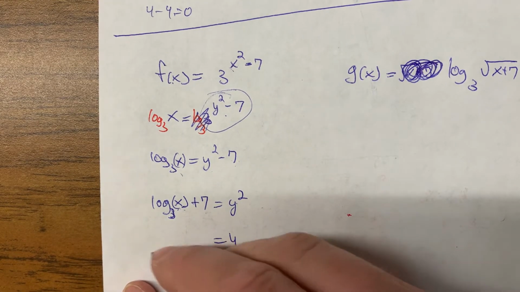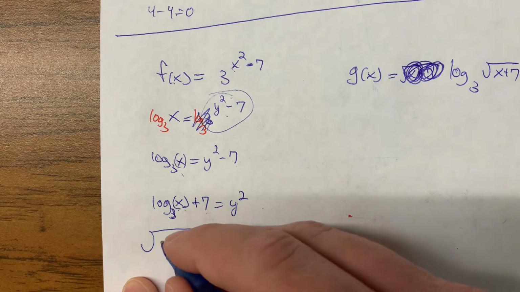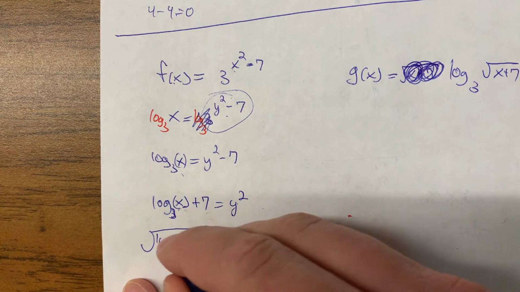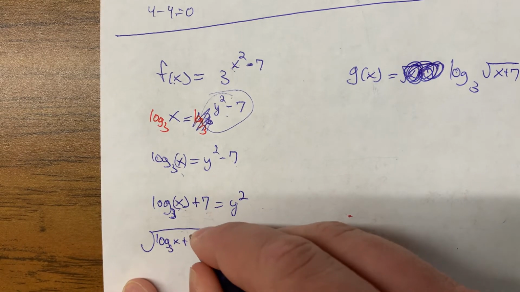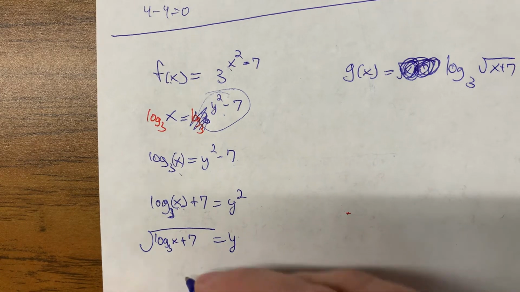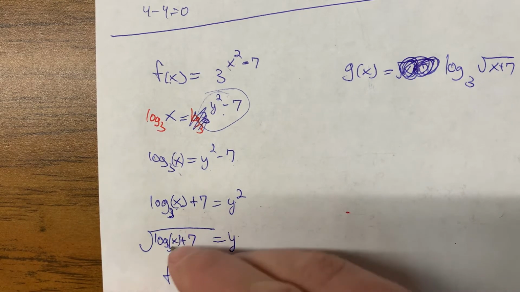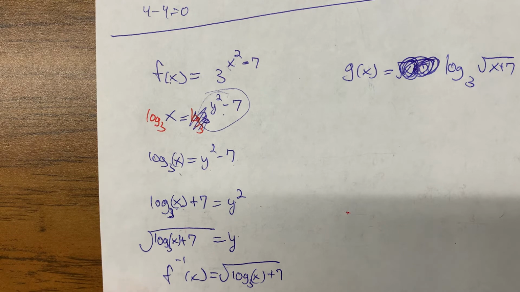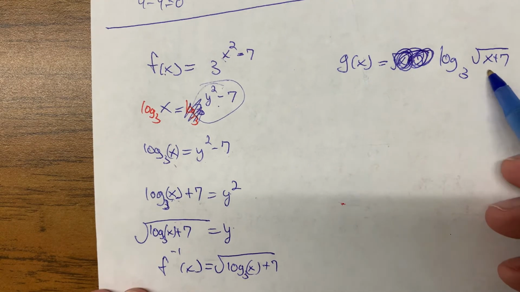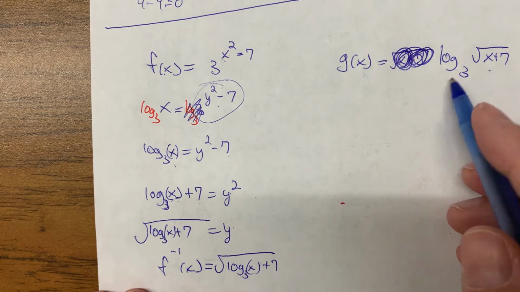So y equals the square root of, we're going to do the square root on both sides, log base 3 of x plus 7. And so f inverse of x is equal to square root of log base 3 of x, plus 7, and I really should have parentheses here to show that the plus 7 isn't inside the log. Now, this has all the same operations, but it's in a different order.